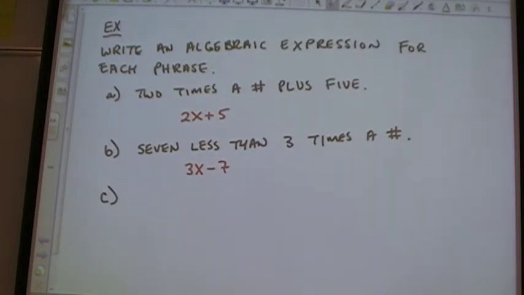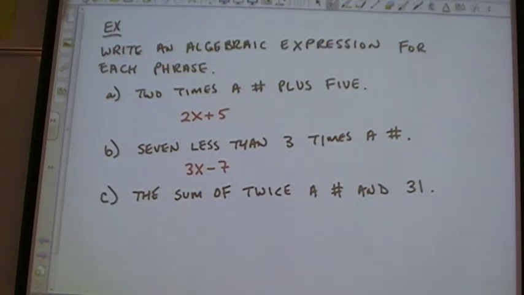The sum of twice a number and 31. Yeah, 12 plus 31.